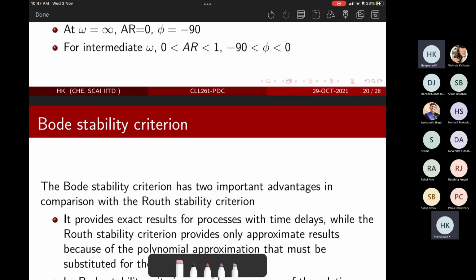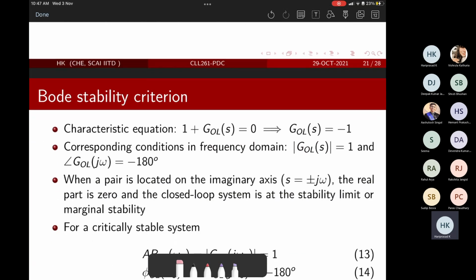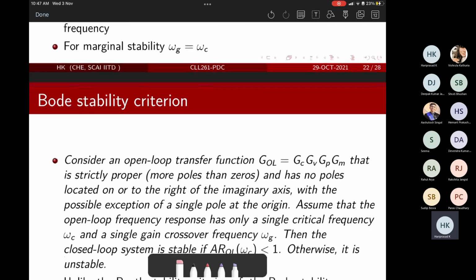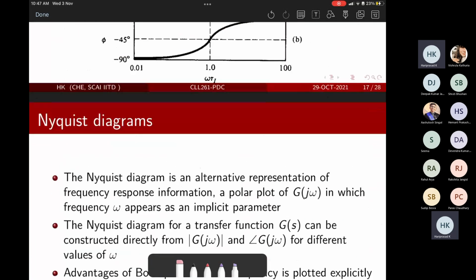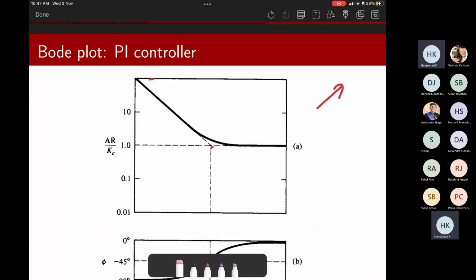Okay, so maybe we can talk about a couple more. Any doubt on this overall Bode plot? So what are you expected to do now?